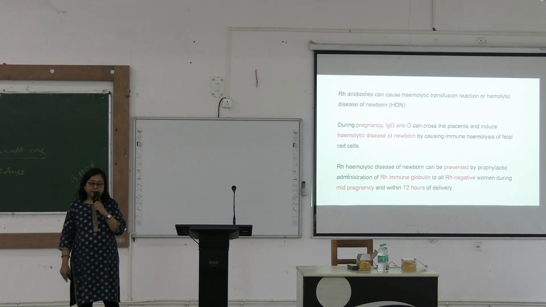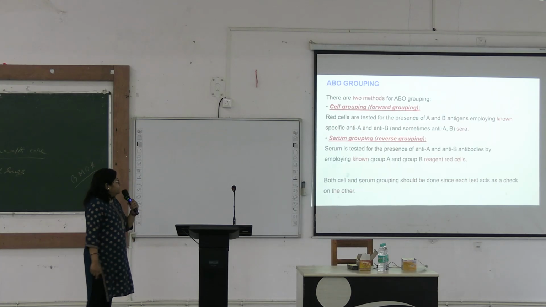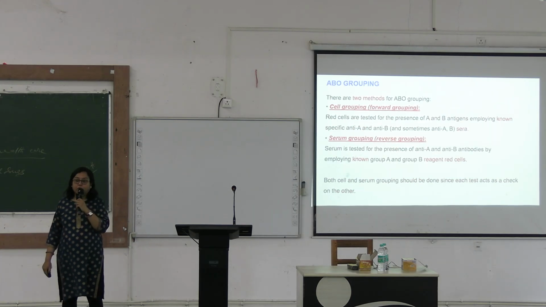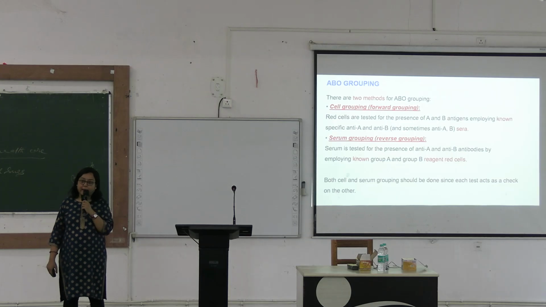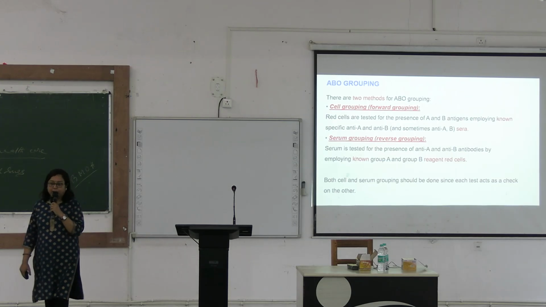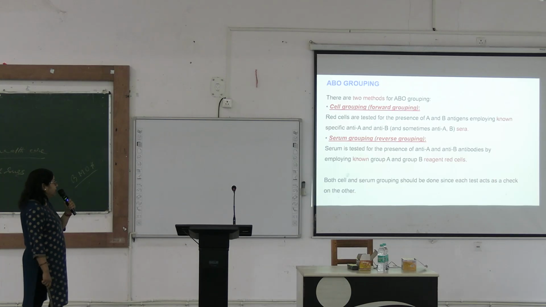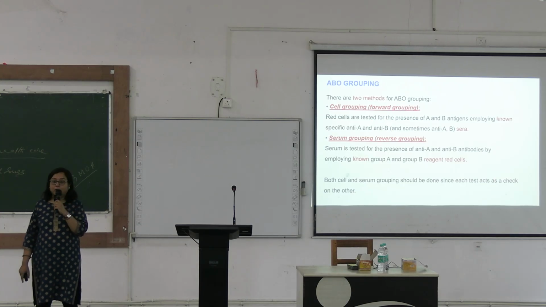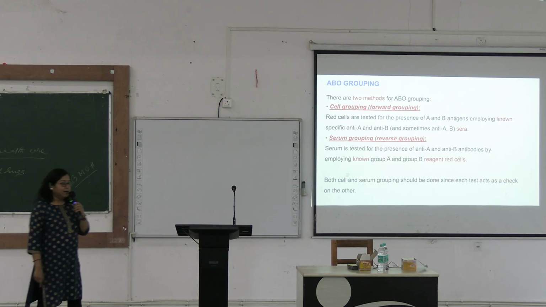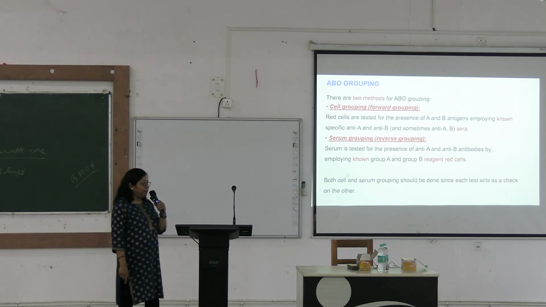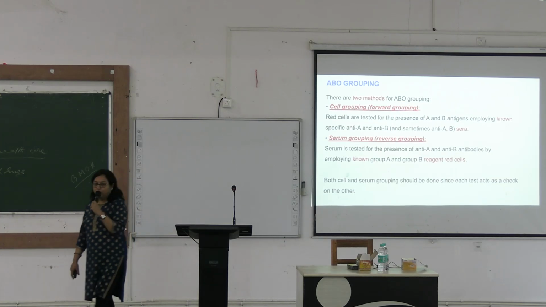Now, how do we do ABO blood grouping? This is important for your practical as well. So, ABO blood grouping is done by two methods. One is commonly called forward grouping or cell grouping, and the other method is reverse grouping or serum grouping.